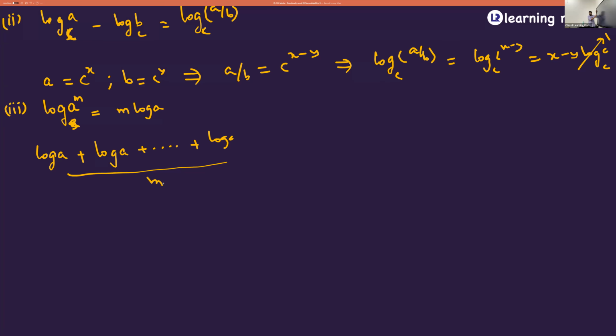So log a square plus log a will be log a cube. Like this, log a is getting added to itself how many times? M times, no. So can I write this as log of a multiplied with itself m times is going to give me a power m, and whatever is a base I'm not concerned about. So that is why m times log a is log a power m. Clear with this?